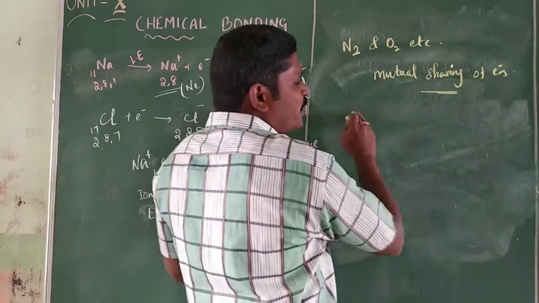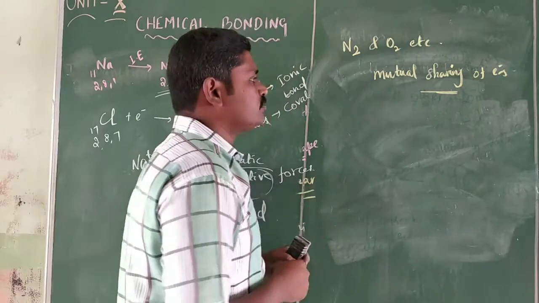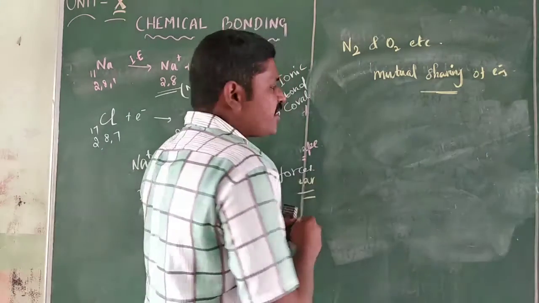In this scheme, the electrons present in the outer shell of the atom are shown as the valence electrons.